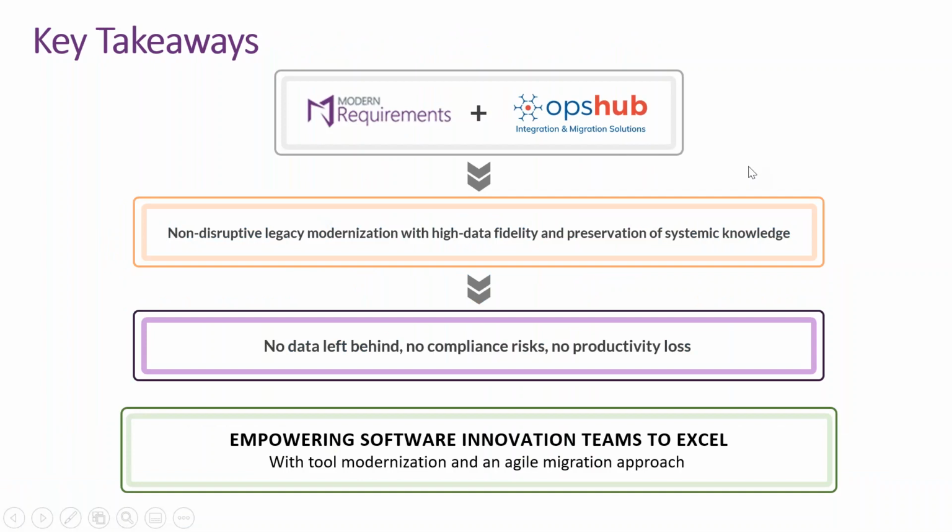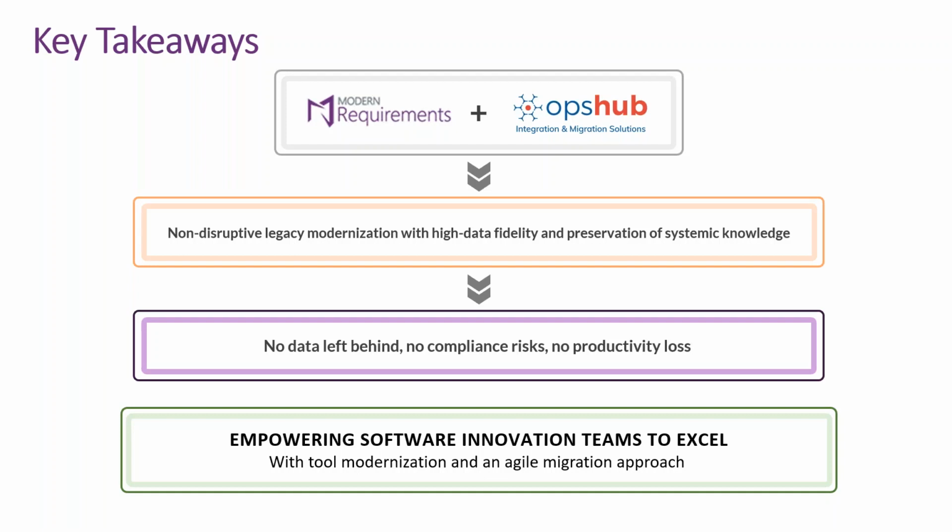Moving to key takeaways. Modern Requirements plus OpsHub make modernization easy by providing a non-disruptive modernization approach with high data fidelity and preservation of systematic knowledge. No data is left behind, as we just saw in the demo.